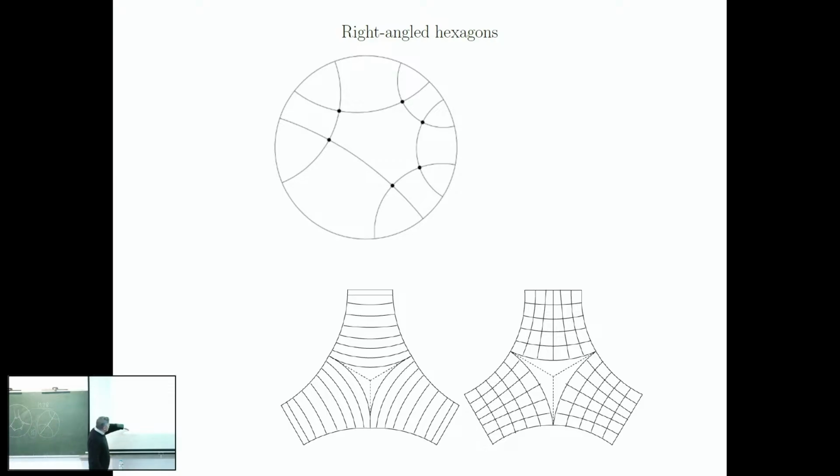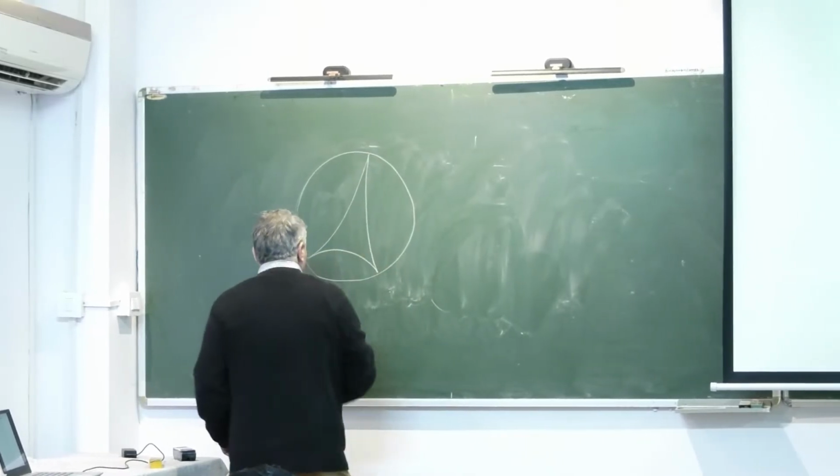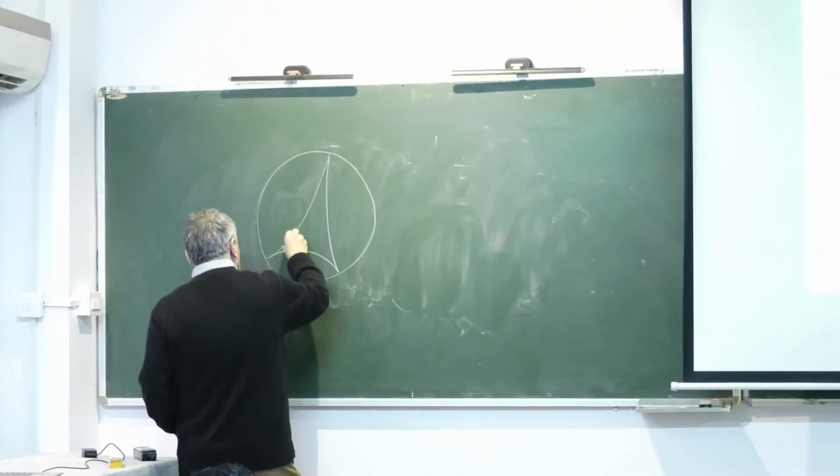This is also a right-angled hexagon. You remember we talked about Lipschitz maps. This is the basis: Lipschitz maps from the ideal triangle to itself.